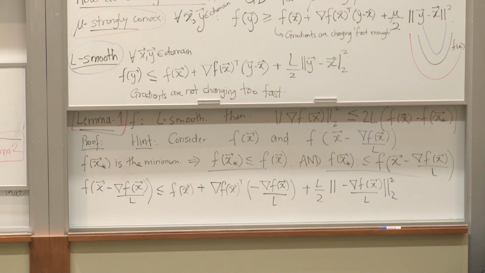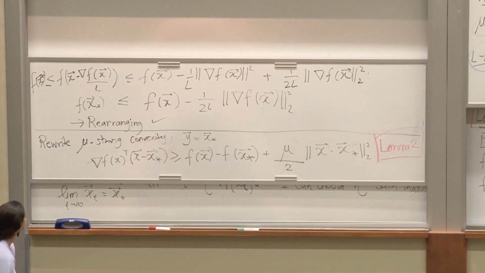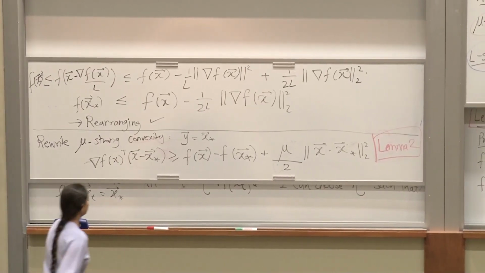It is very possible I made an algebra mistake, but I don't think I did. Should be negative mu over 2. Okay, let's do it out. Maybe I made a mistake. Okay, sorry about that.